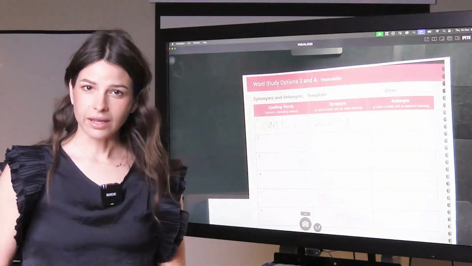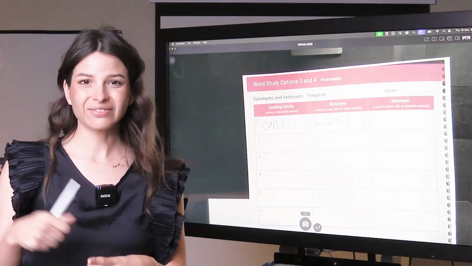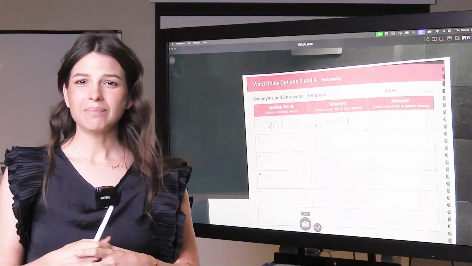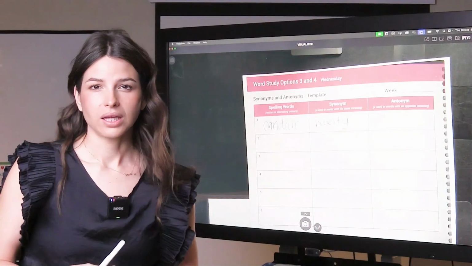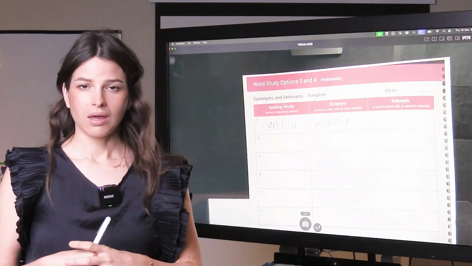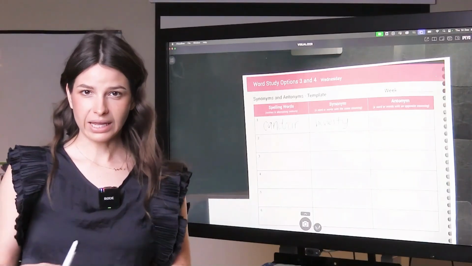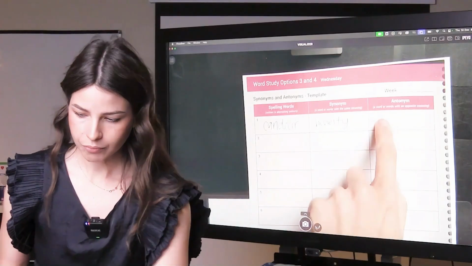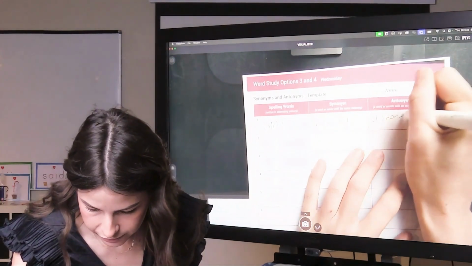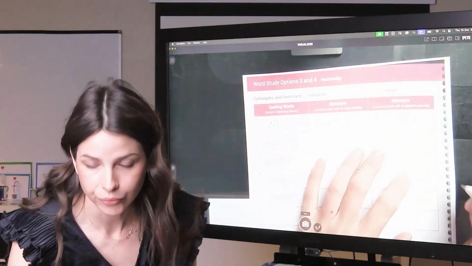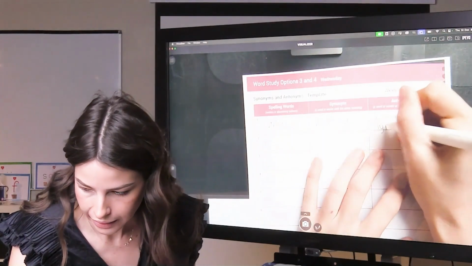Now, an antonym, so a word that's opposite of candor, would be maybe dishonesty, okay, or lying. You're not going to be a person that has candor if you're lying, okay? So let's put in here dishonesty, or if we want a different word, let's do lying.